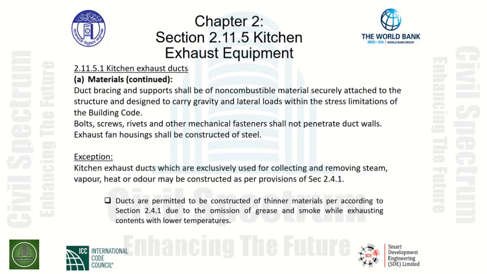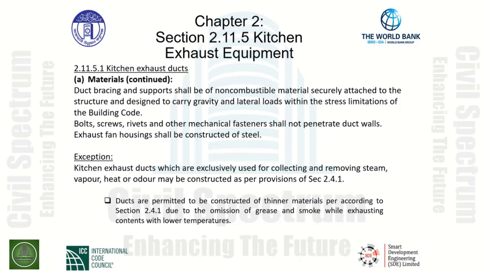Section 2.11.5.1, Materials Continued, item number A. Duct bracing and support shall be of non-combustible material, securely attached to the structure and designed to carry gravity and lateral loads within the stress limitations of the building code.